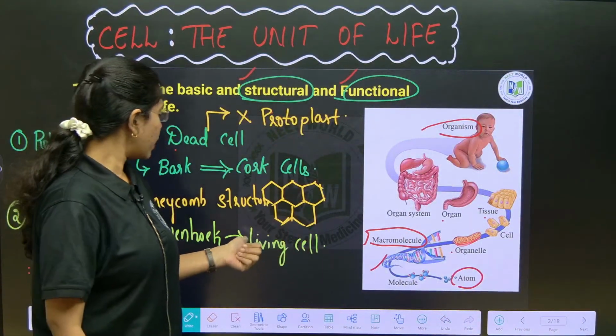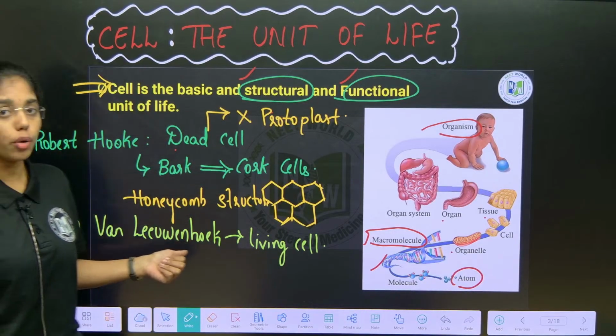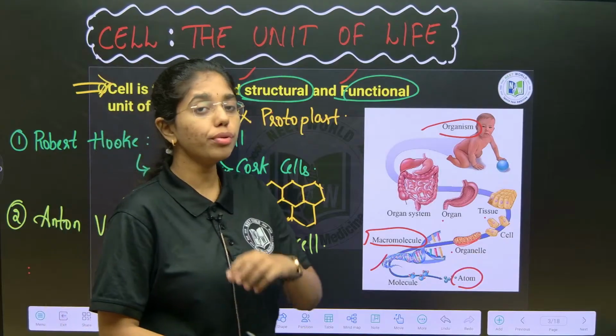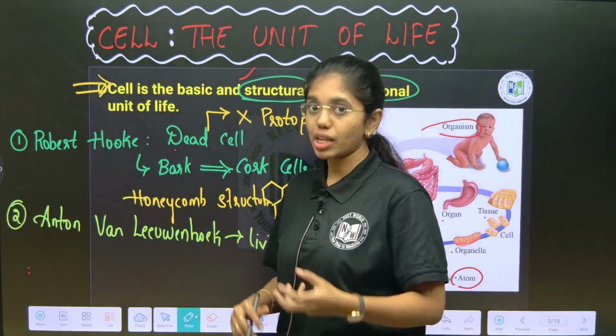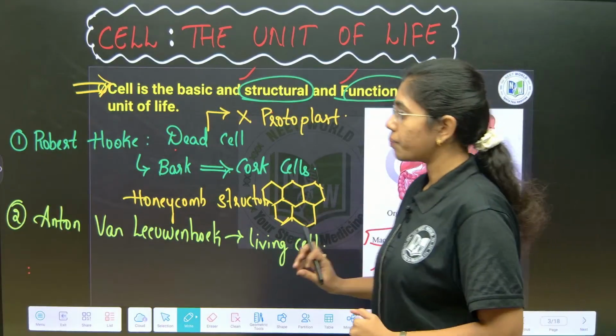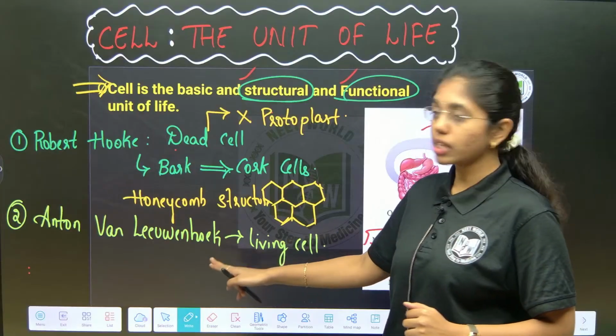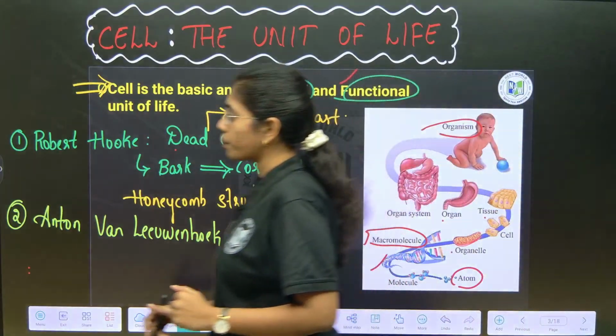He is also the father of microscopy because he is the first person who made lenses and identified living single celled organisms. As such, who identified the living cell first? Anton van Leeuwenhoek.